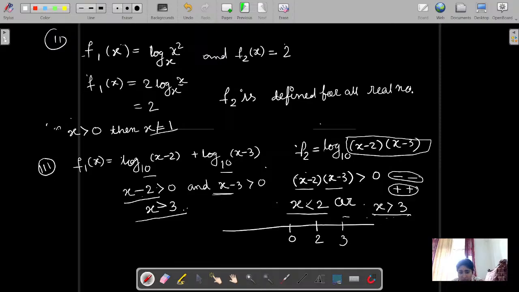So either I can choose greater than 3, means from here to infinity, or I can choose less than 2. Less than 2 is this, means minus infinity to 2. Okay, so that is the thing. For this question, it is this much only.